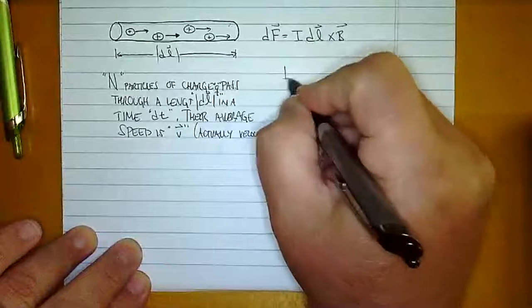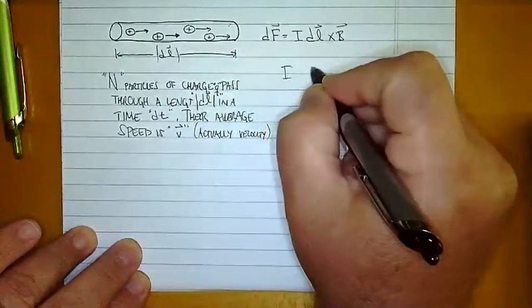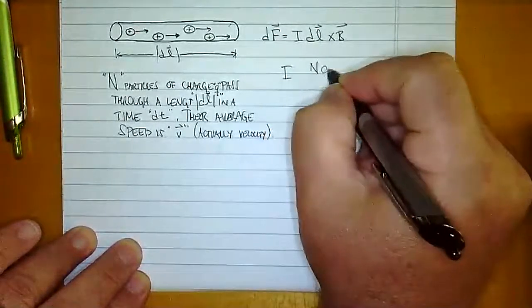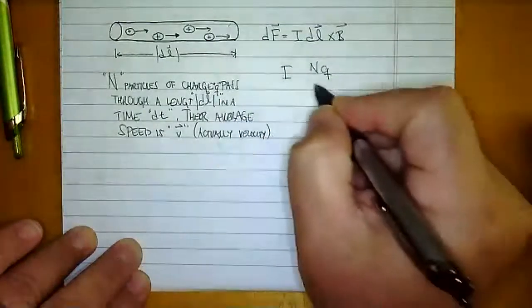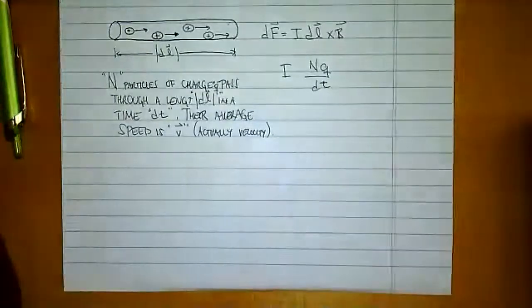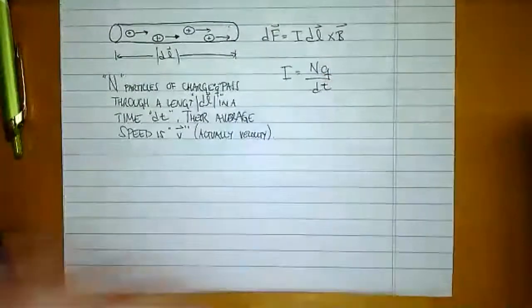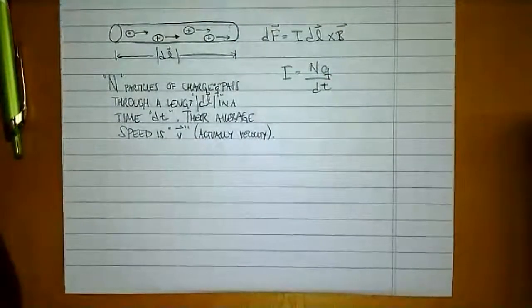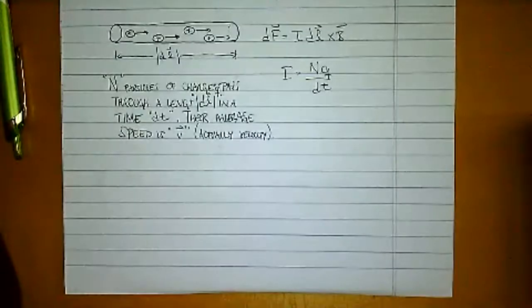So the current would be roughly N times q over dt. That would actually be the current passing through the little segment of wire.